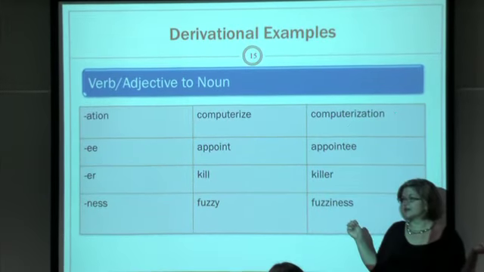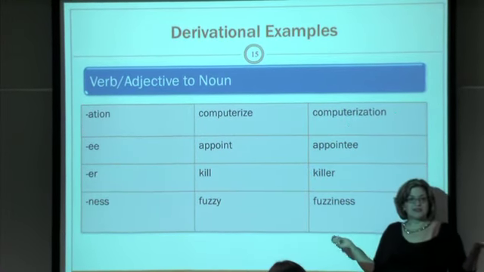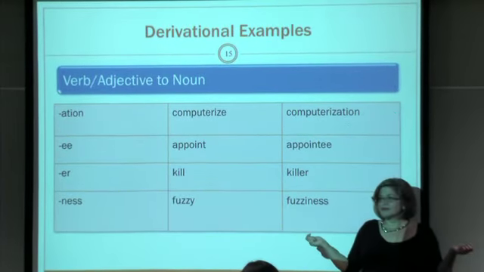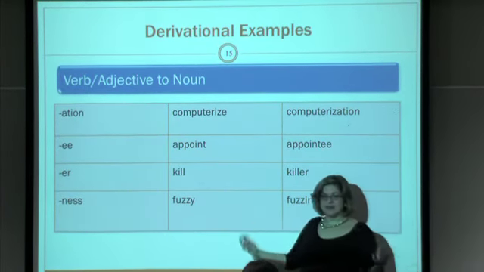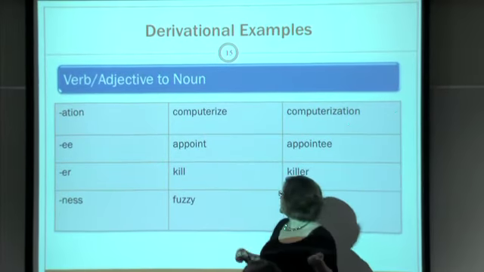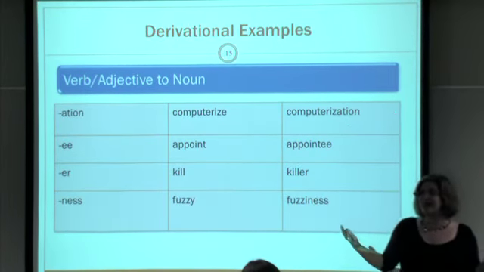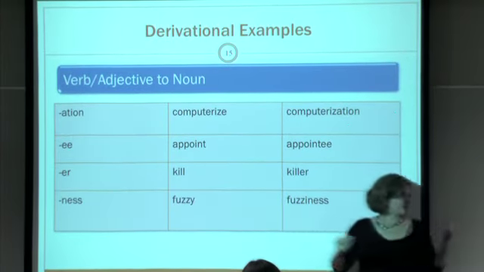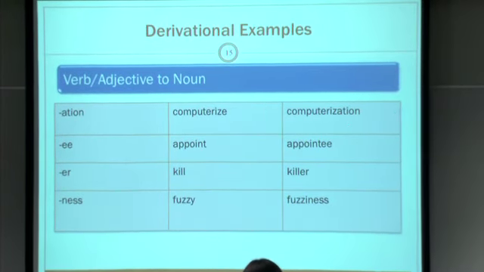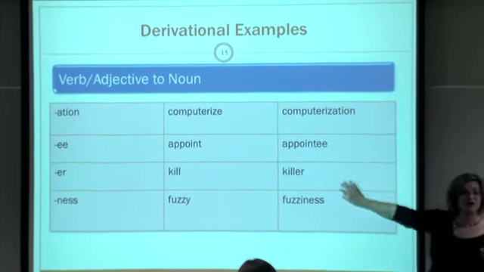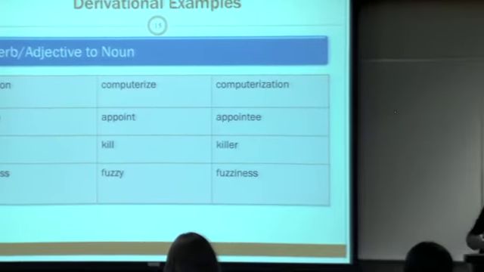Fuzziness, or happiness, or sadness, or playfulness. Yeah, it's a state, the state of being playful, the state of being fuzzy, the state of being happy, the state of being sad. It's the condition. So those would be examples that you see with all these different endings, all these different suffixes. They do have different meanings applied to them.